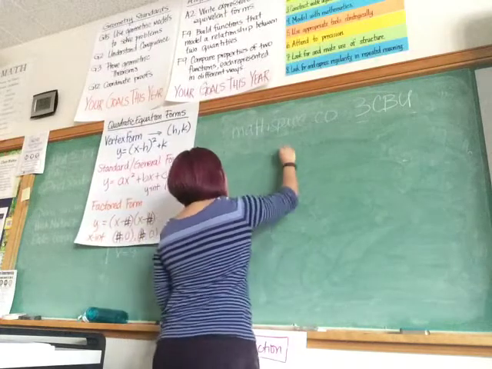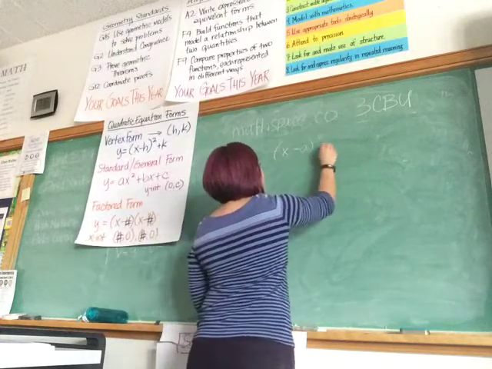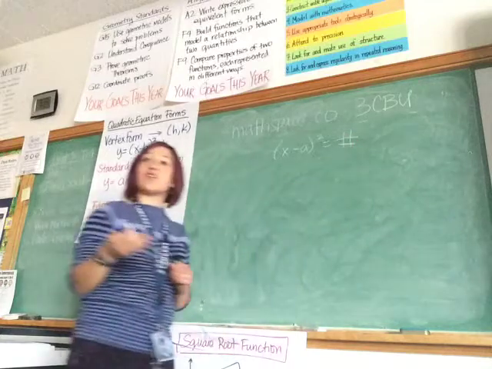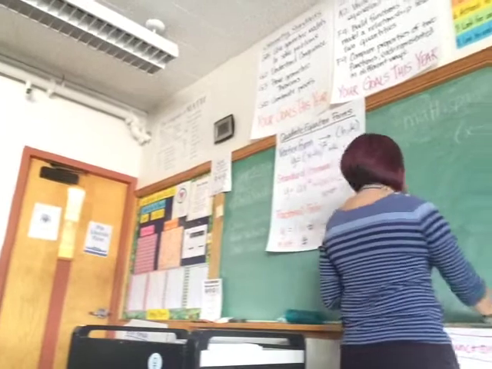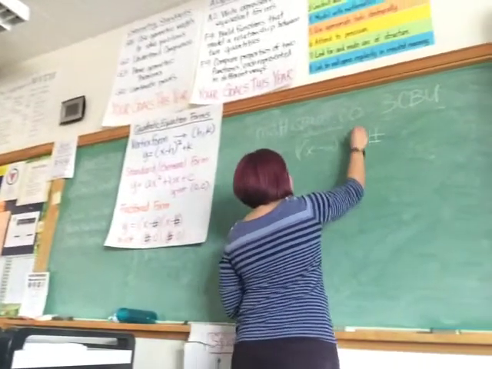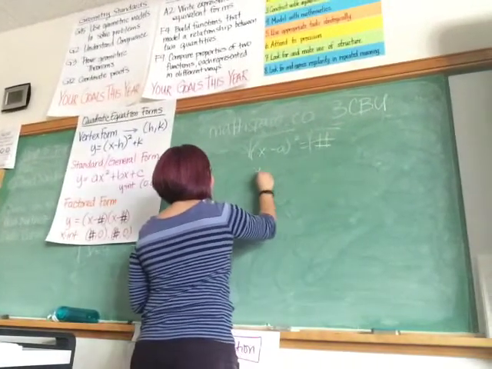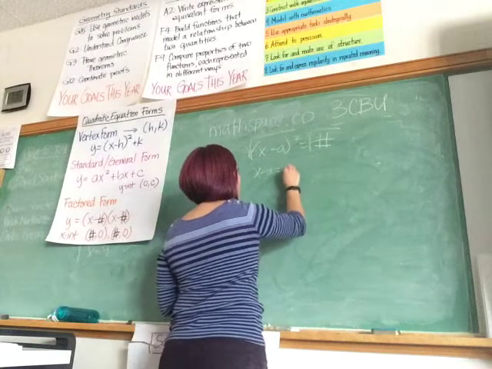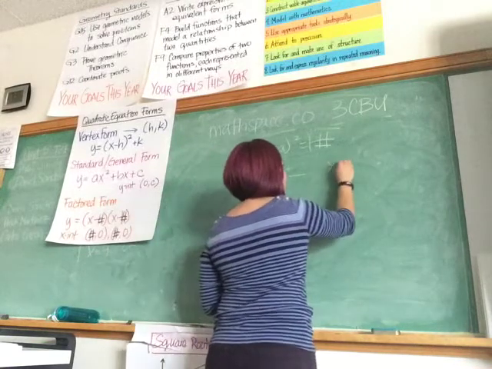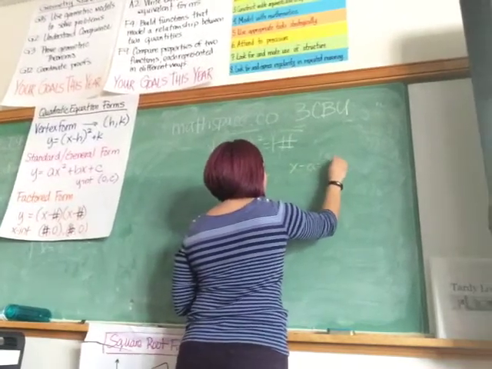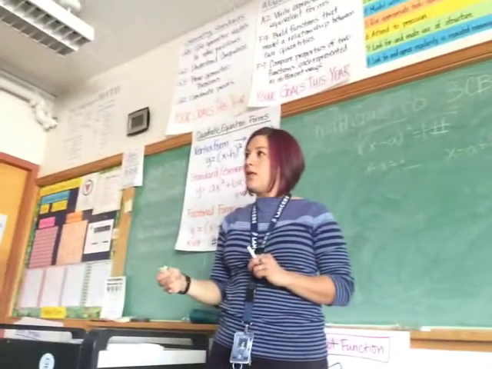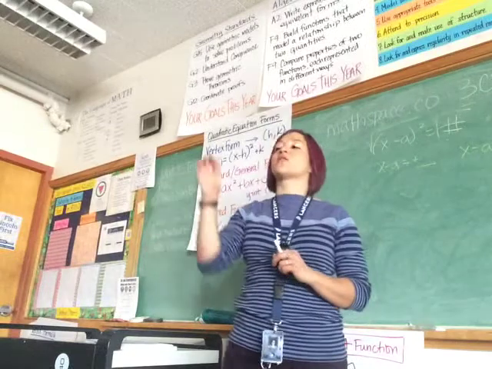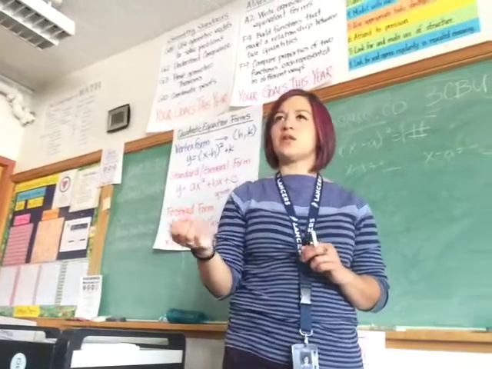This is the generic form we're going for, because with this format I can take the square root of both sides, and then x minus a is equal to the positive root, or x minus a is equal to the negative root, and I have my two solutions from there. That's the overall reason we use this strategy. Does that make sense?